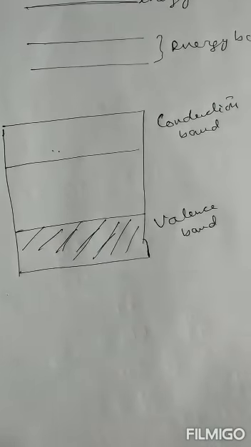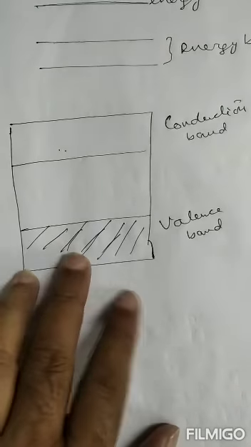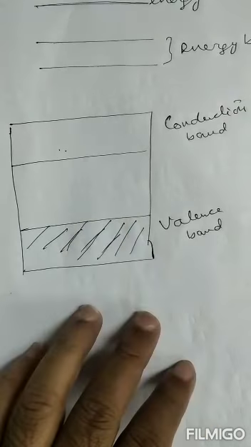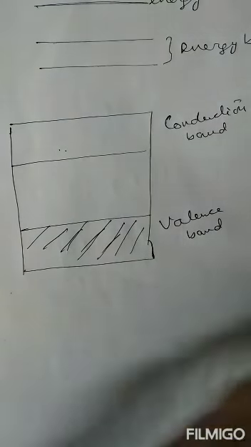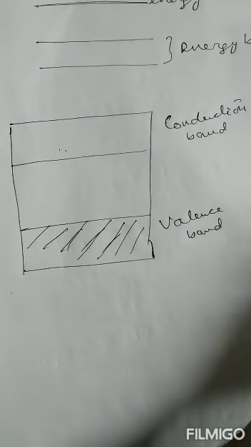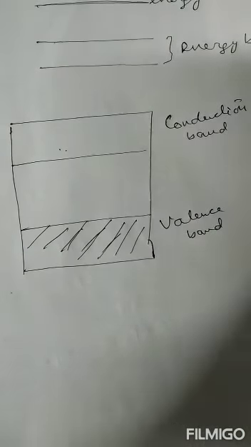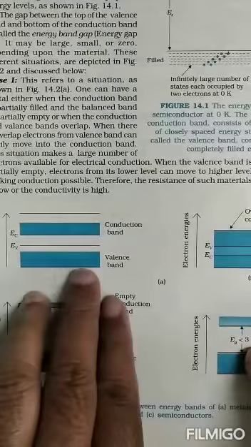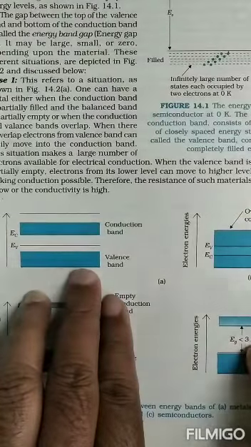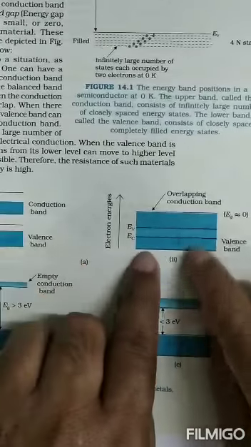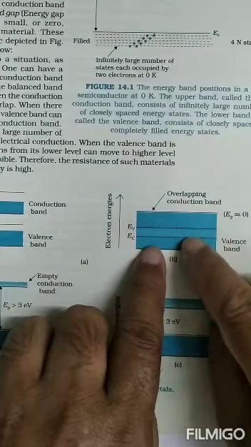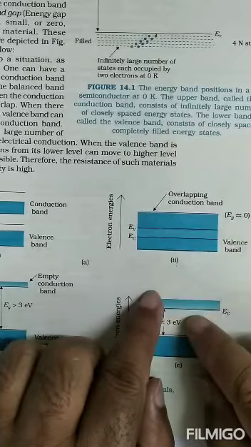So a solid has two types of energy band. One is called the valence band, one is called the conduction band. And there is some energy gap in between the conduction band and the valence band. For metals, either this gap is very small or the conduction band and valence band overlap each other.